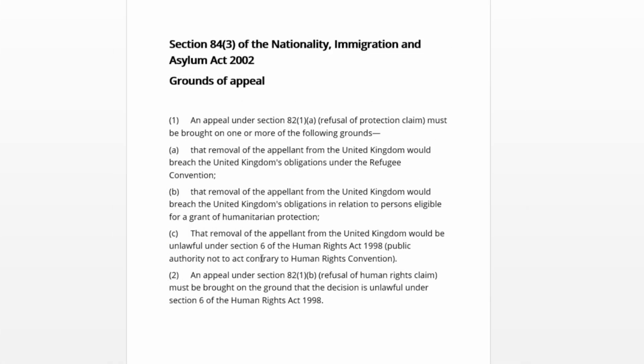What I want to explain in this video is that the grounds of appeal you can actually bring within an appeal are very wide, notwithstanding the government's attempt to curtail them in legislation. So the position in law, if you're appealing, is set out in Section 82 of the Nationality, Immigration and Asylum Act 2002. The government's restriction of rights of appeal is set out in statute in Section 84(3) of the Nationality, Immigration and Asylum Act 2002.